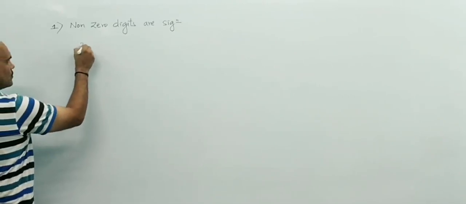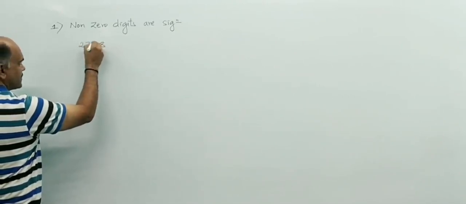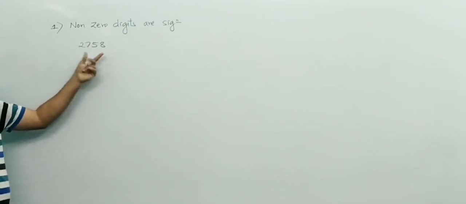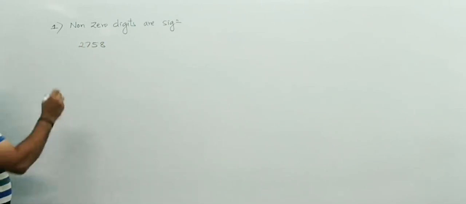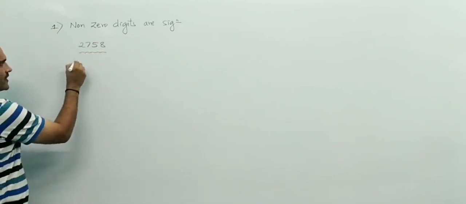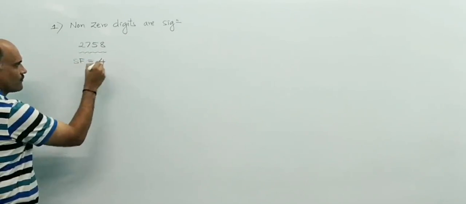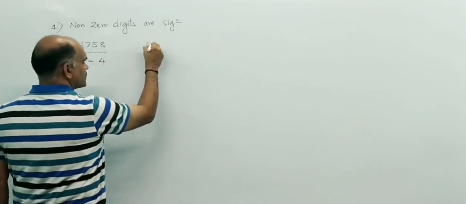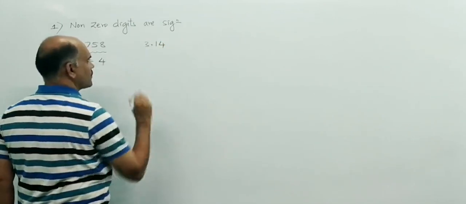Now for example, if I take 2758 as a number, there is no zero here, so all these digits you should count. So the significant figure is 4. Suppose it is in the form 3.14.